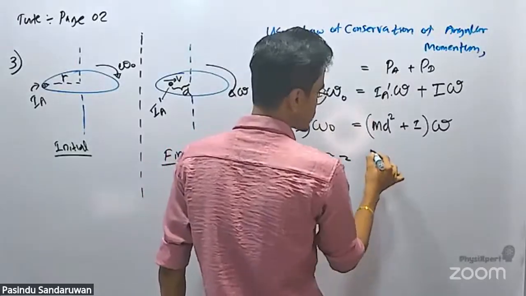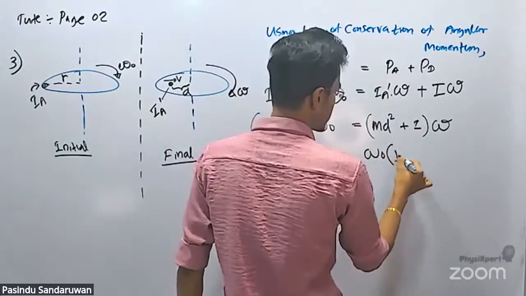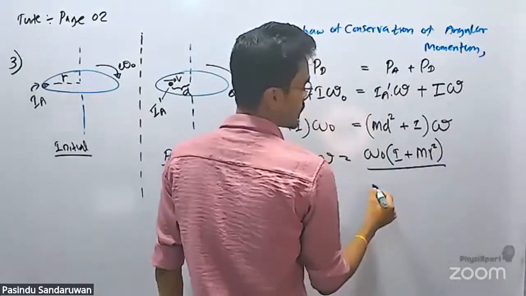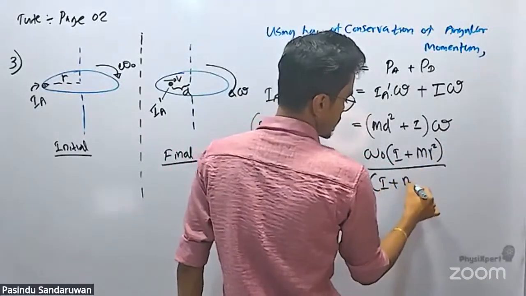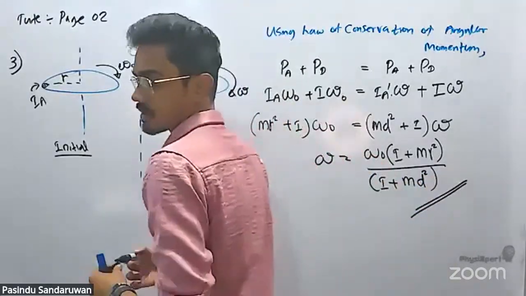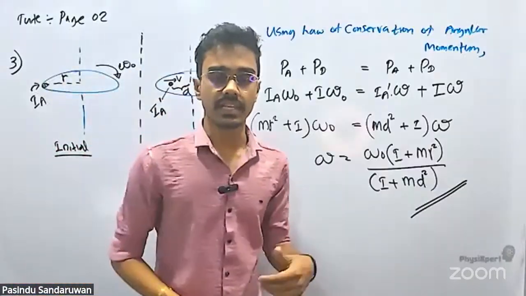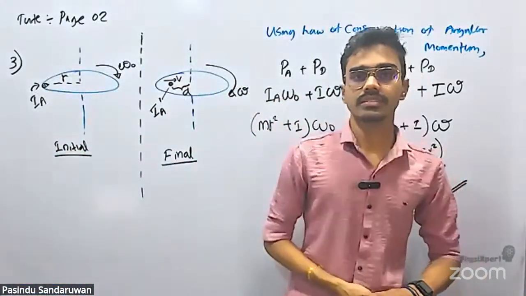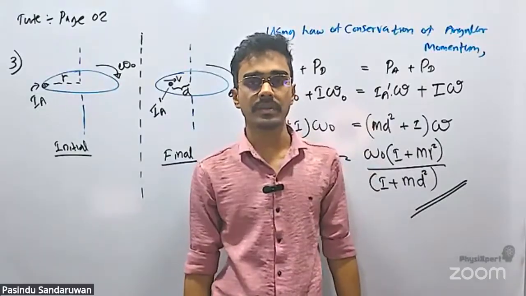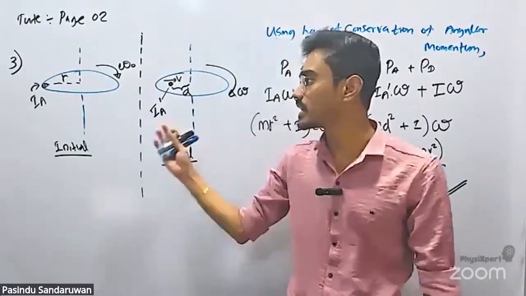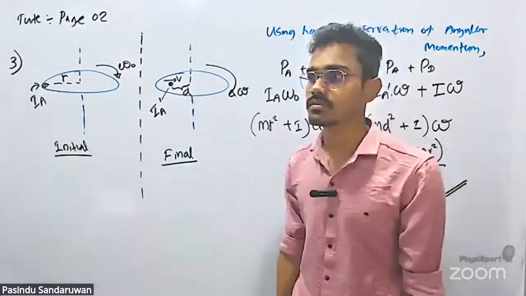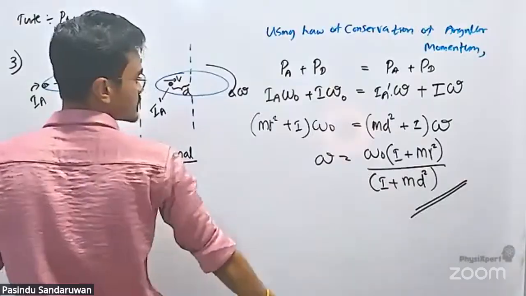Omega equals omega naught times I plus MR squared over I plus MD squared. If a force goes through the considered point, no moment is coming from that force. This MV goes through the point of rotation, so no moment due to that MV. So this is the final answer.